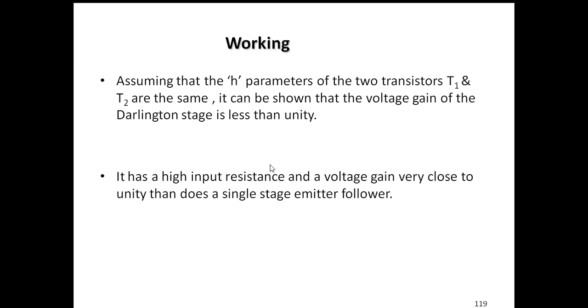As we know, it is a common collector amplifier. For common collector, the input resistance is very high, whereas the output resistance is very low. Since it has higher input resistance and voltage gain approximately equal to 1, it is called a single stage emitter follower. The output resistance will be low.